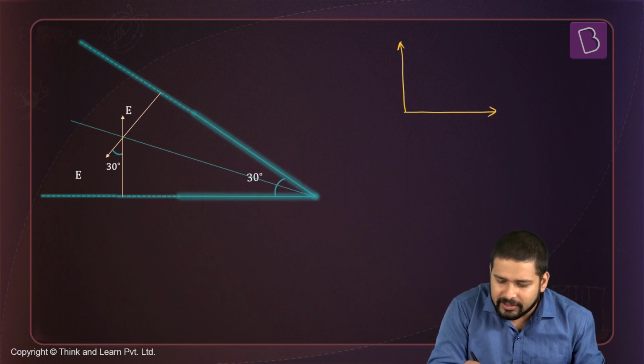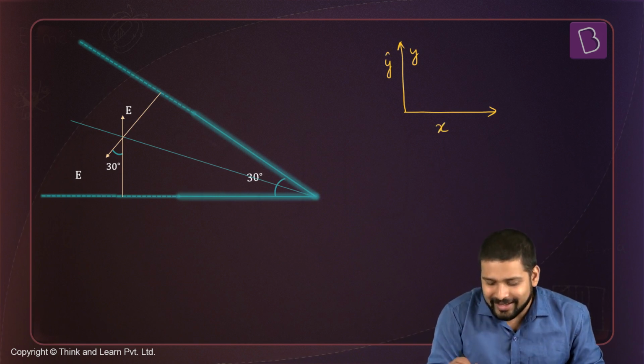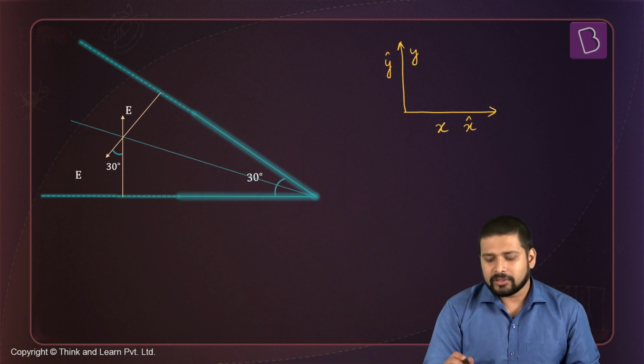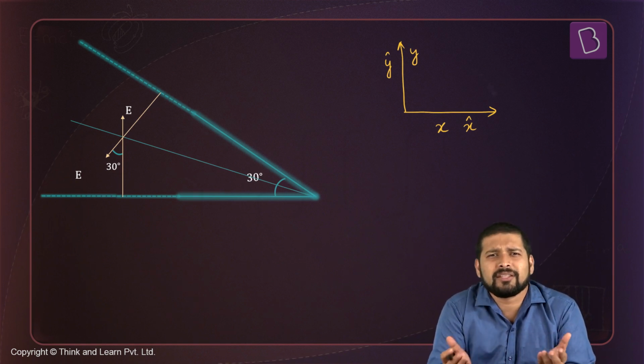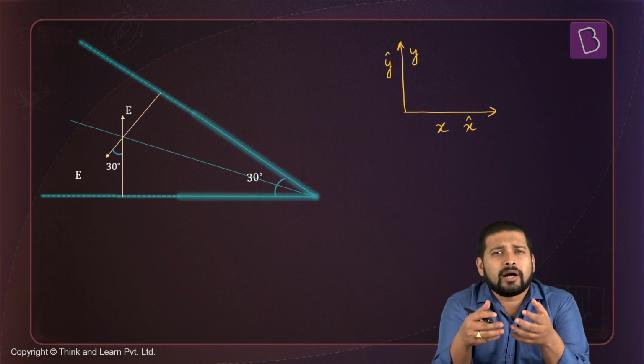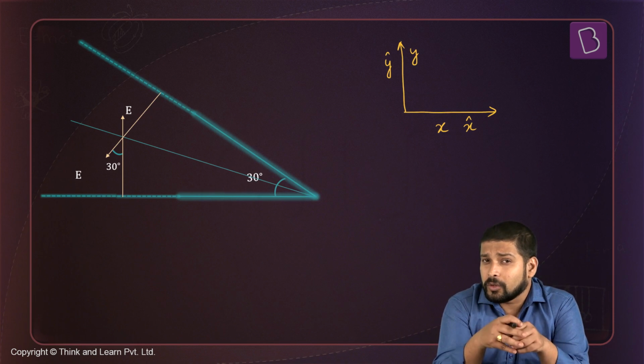So this will be the y-axis, and anything along this direction we'll name it as y cap, and this is going to be our x-axis, and anything along this direction we are going to name it as x cap. Generally you use i cap and j cap, but this is just a notation that is matching with our options, so we are going to follow the same thing.